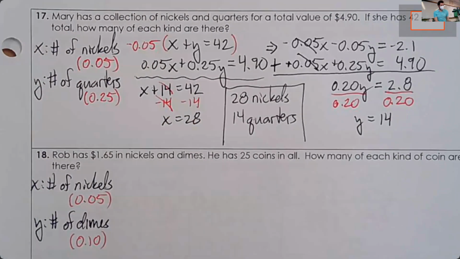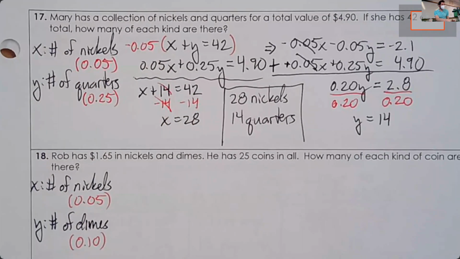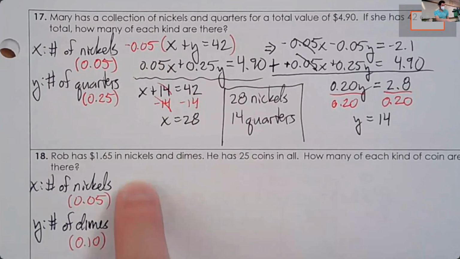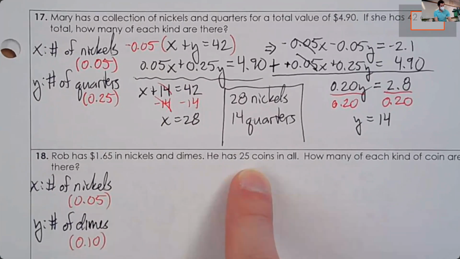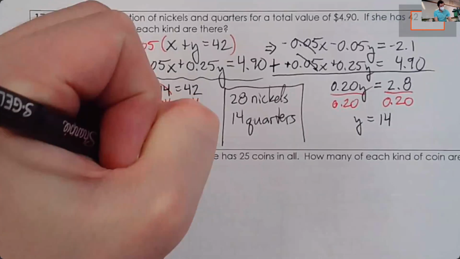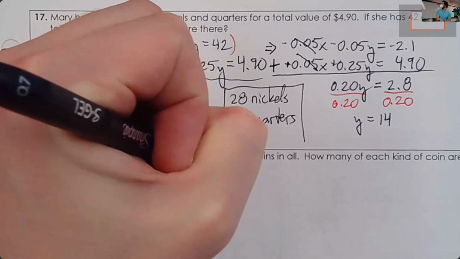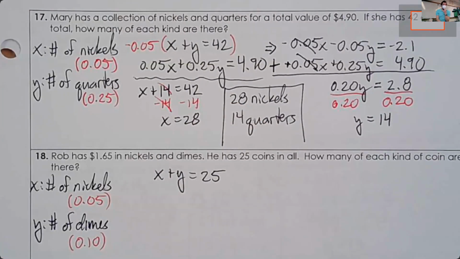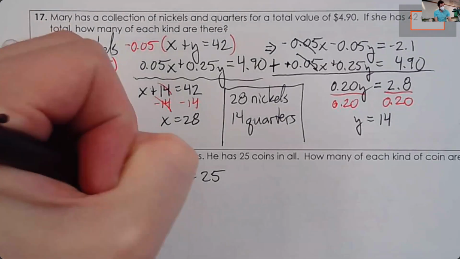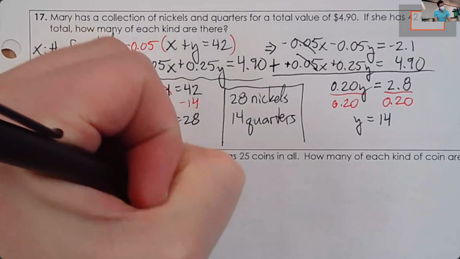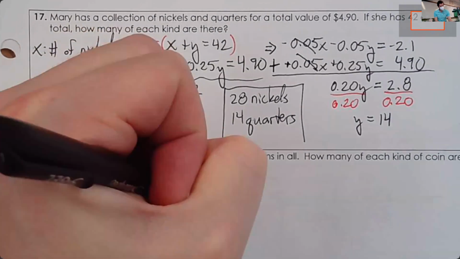We have the value of those there. It says he's got 25 coins. So the number of nickels plus the number of dimes equals 25 coins. So x plus y equals 25. And then it says he has $1.65 with all those coins. So that'll be 0.05x plus 0.10y equals 1.65.